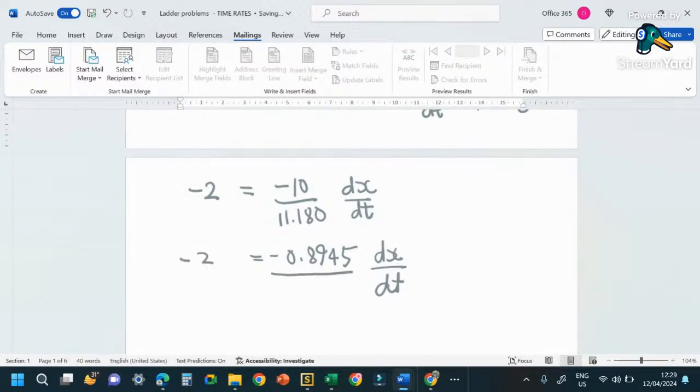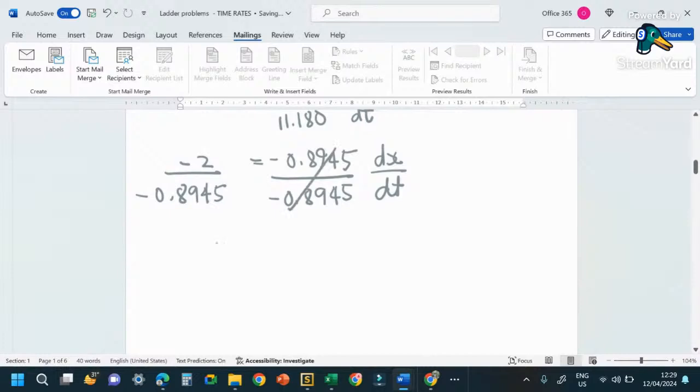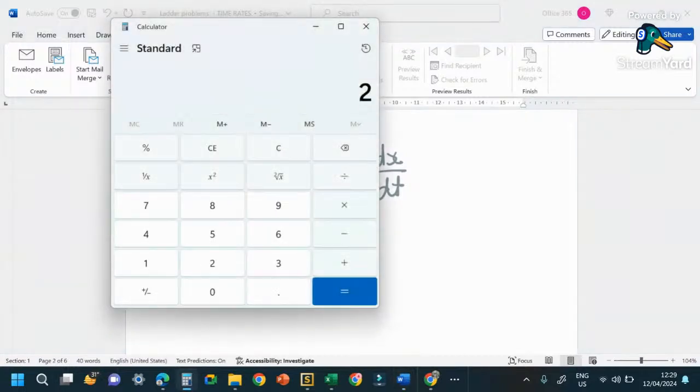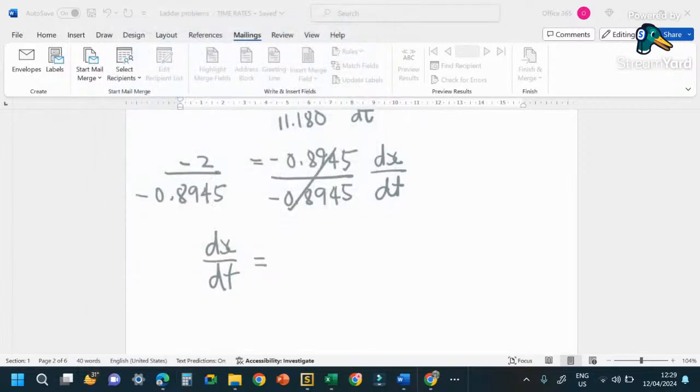To get dx over dt, you just have to divide by negative 0.8945. So you have dx over dt is equal to 2 divided by 0.8945. Let's do it. 2 divided by 0.8945 gives us 2.236.